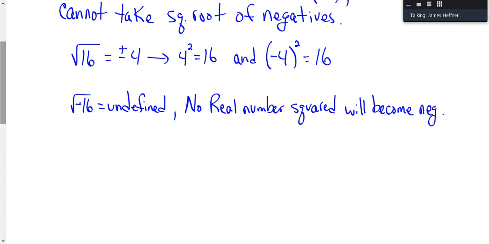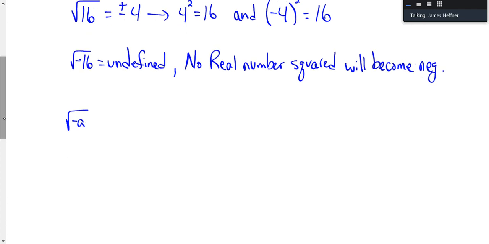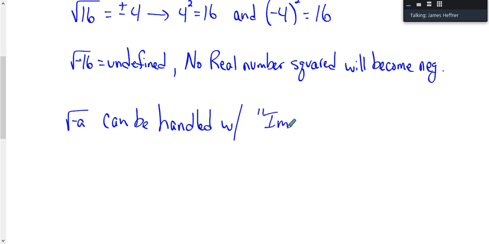So if I wanted to take the square root of some negative number, negative a, okay, that can be handled with what's called imaginary numbers, okay? Square root of negative a can be handled with imaginary numbers, okay?